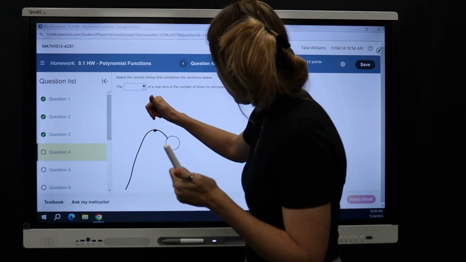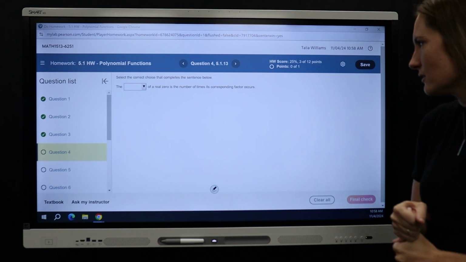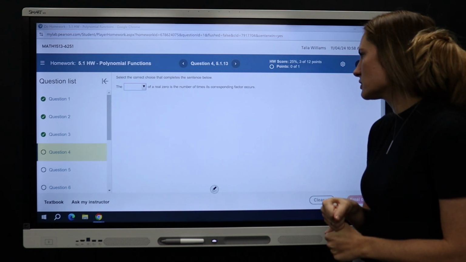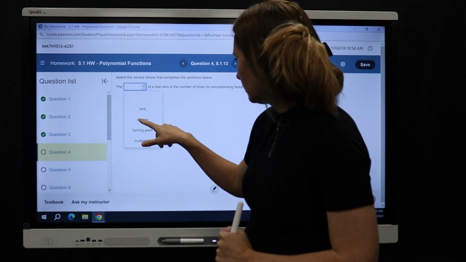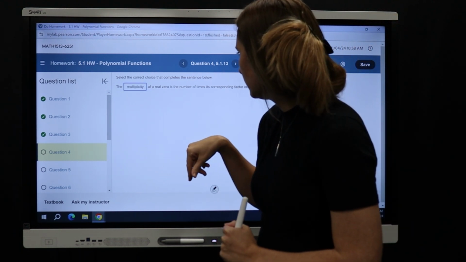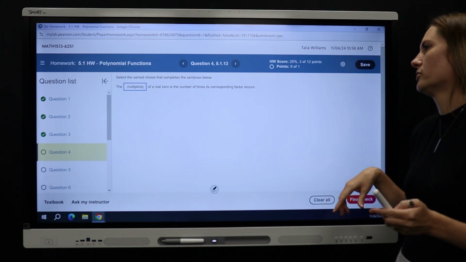This might be why I haven't received many questions on it. It's just definitions. The multiplicity of a real 0 is the number of times its corresponding factor occurs.